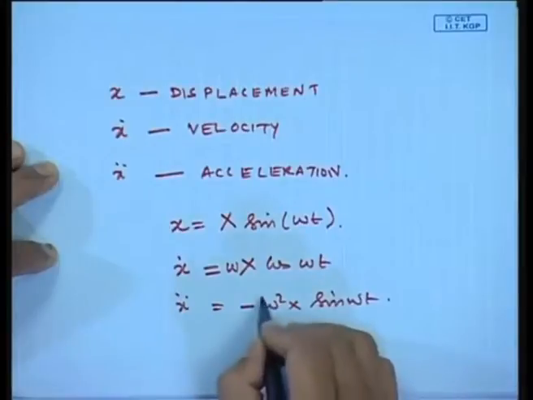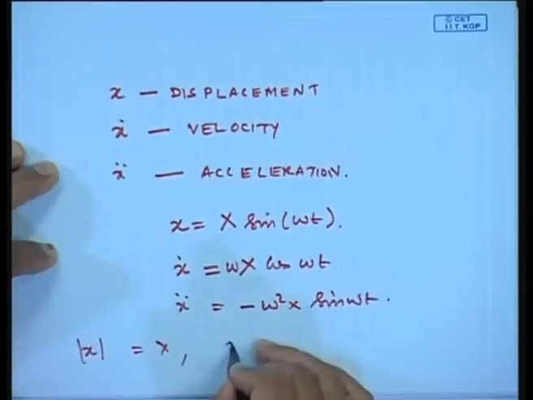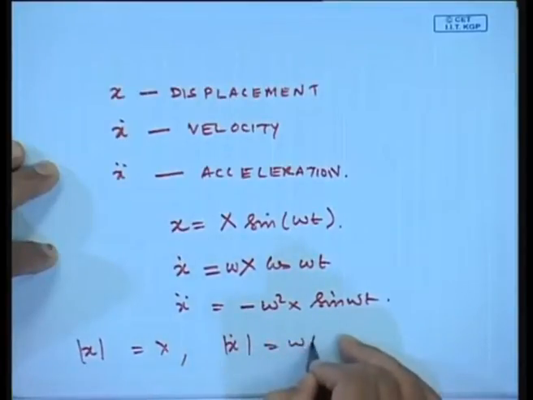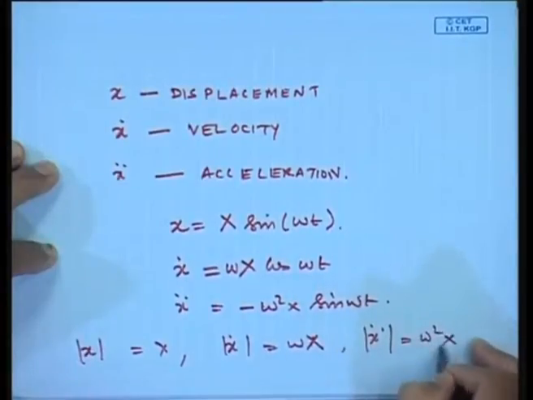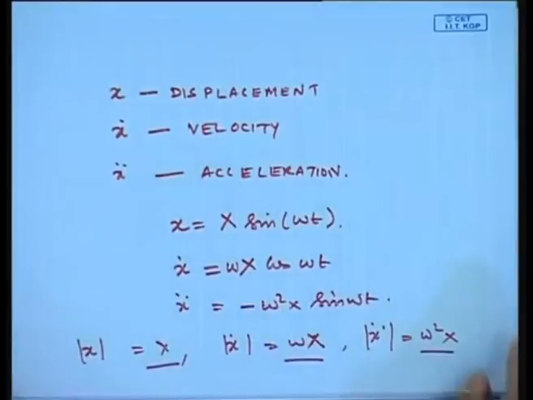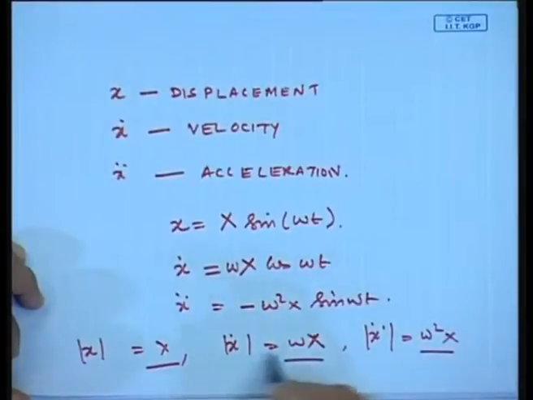So the amplitude of displacement is x, the amplitude of velocity is omega x, and the amplitude of acceleration is omega square x. These three terms, x, omega x, and omega square x, as you will see, the velocity and acceleration are dependent on the frequency of motion, and vibration means representing this motion either in the form of displacement, velocity or acceleration.